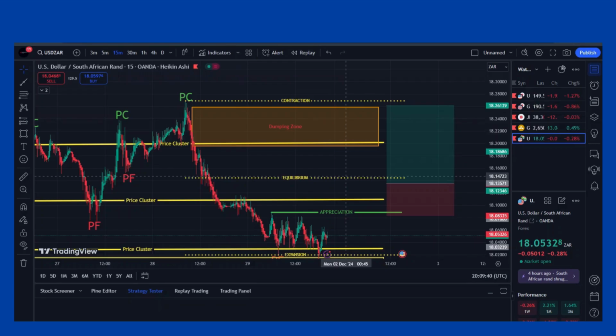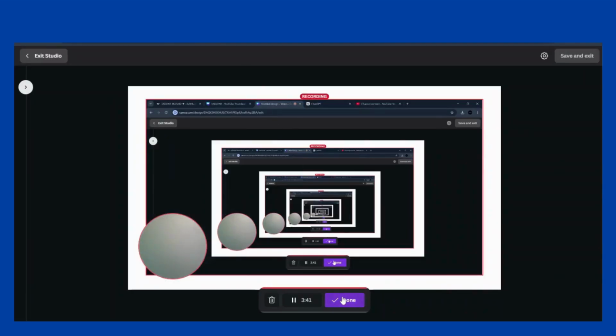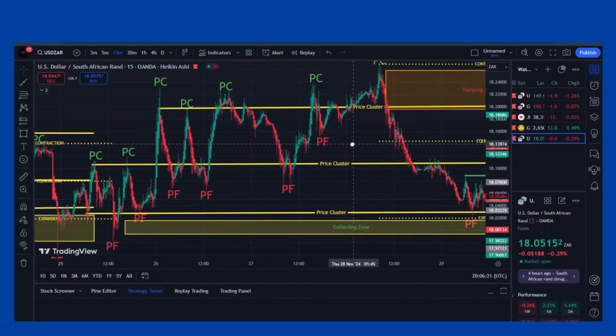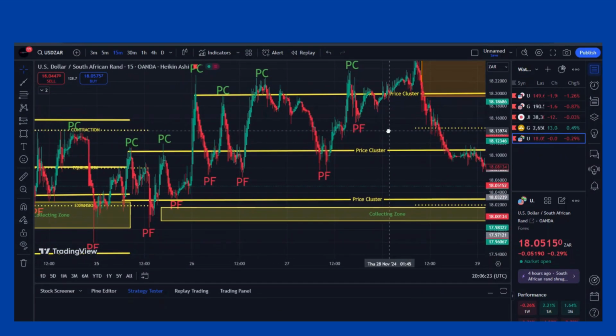Once the fundamentals shift, say to the upside, I wait for price to go to, let's say, here. The next thing is making sure that whenever I enter the position, every tick in the box is within my expansion zone. Then I look for the appreciation level being broken, and then I enter for a long.